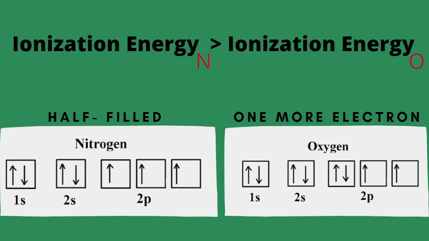Here nitrogen is a very stable atom because it is half filled, and we know that when an atom is half filled, it is very difficult to remove its electron compared to removing an electron from an atom which is not half filled. So the ionization energy of nitrogen is greater than that of oxygen.